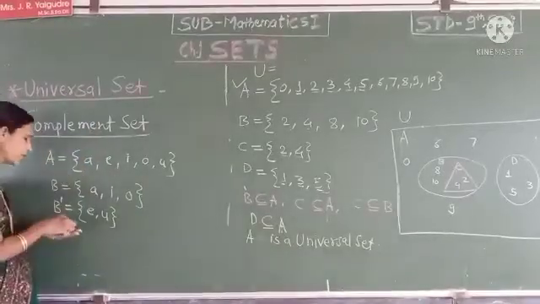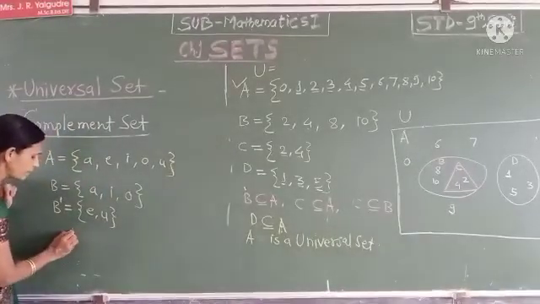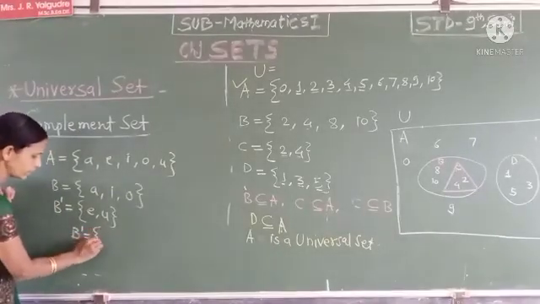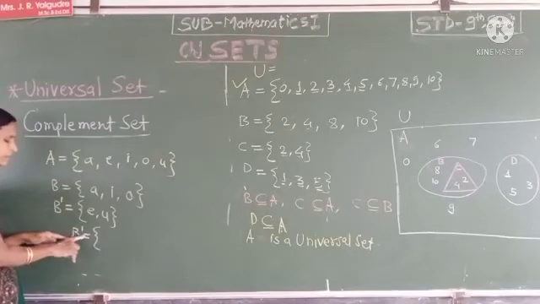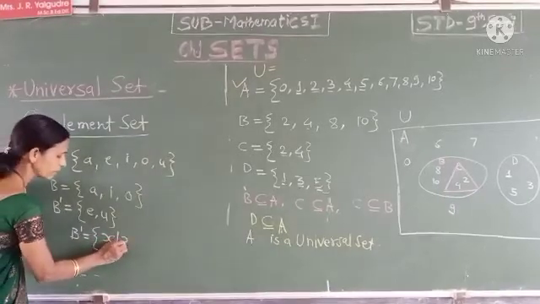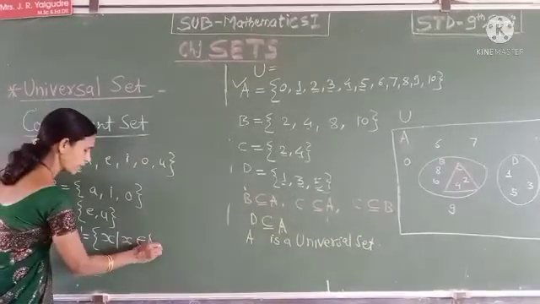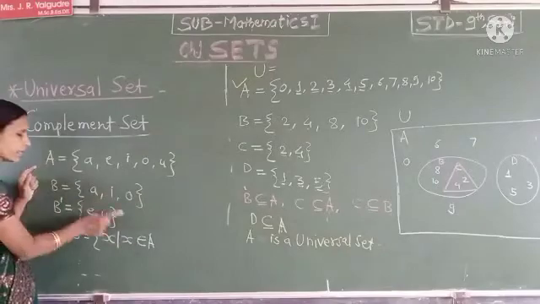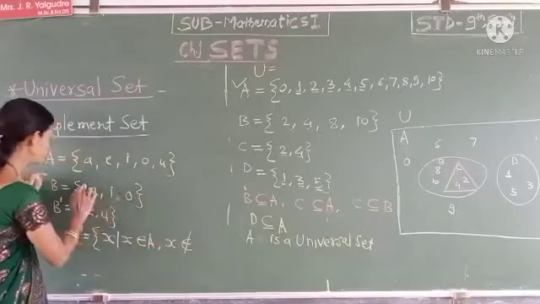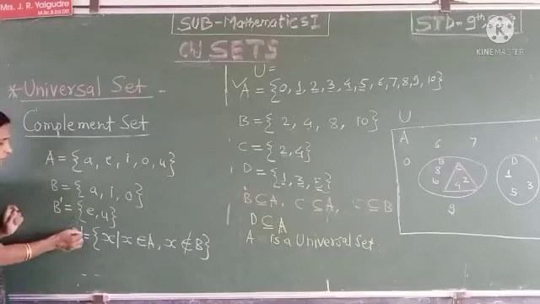That means a complement set can be written using the rule method, that is the set which contains the elements X such that X belongs to A, that means the elements present in the A set, but X does not belong to B, that is the complement set of B.